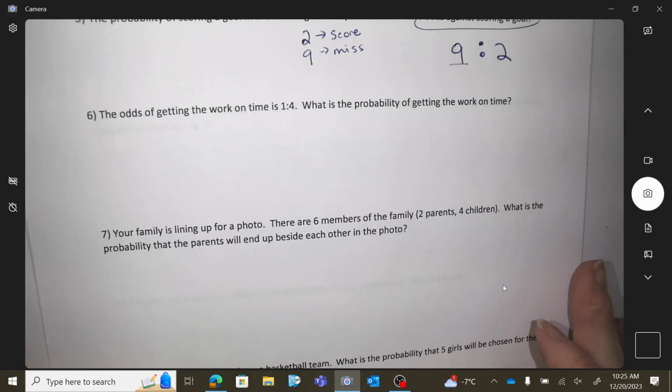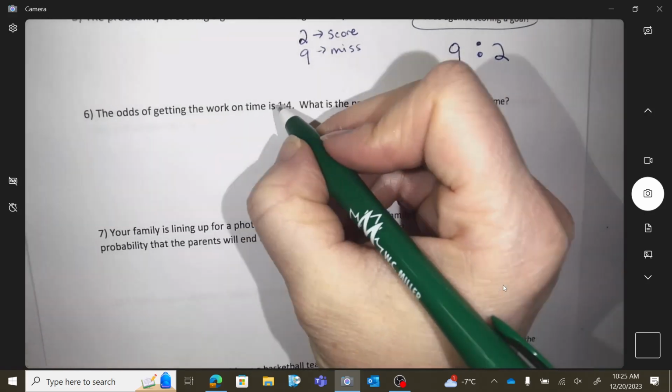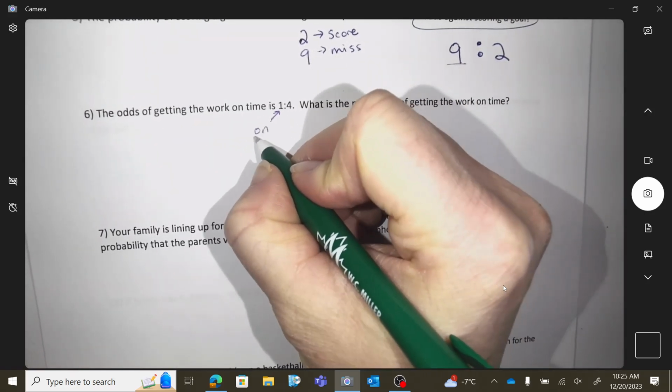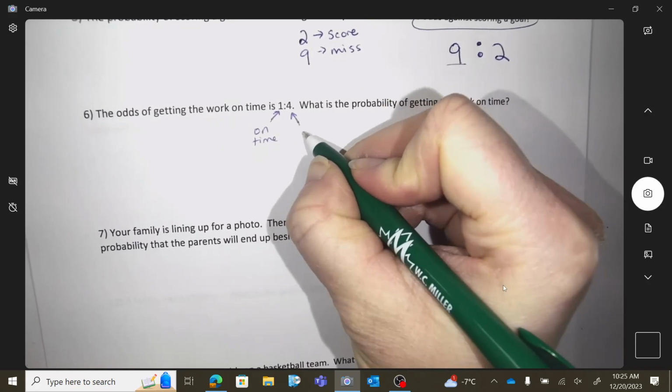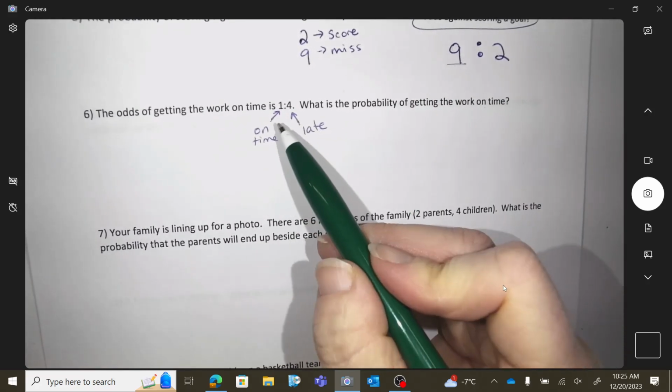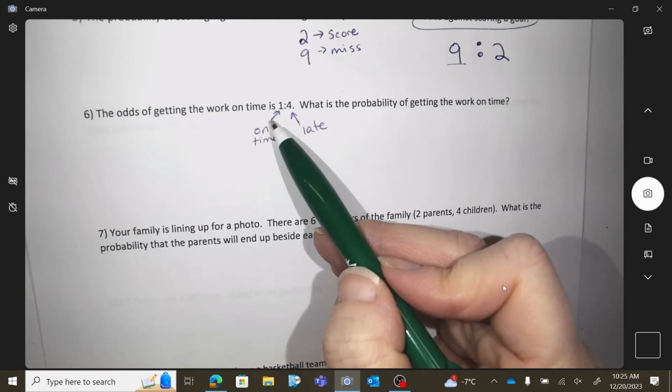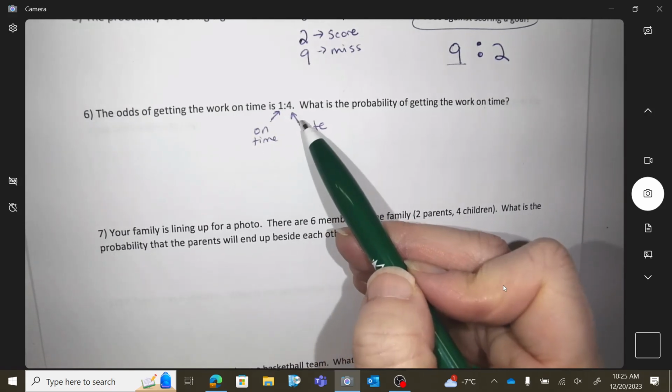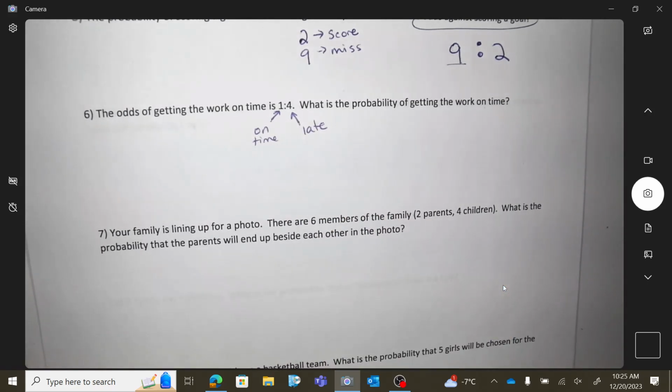The odds of getting to work on time is 1 to 4. Which means this would be how many on times you do, and then this would be how many lates you do. On time, not on time.